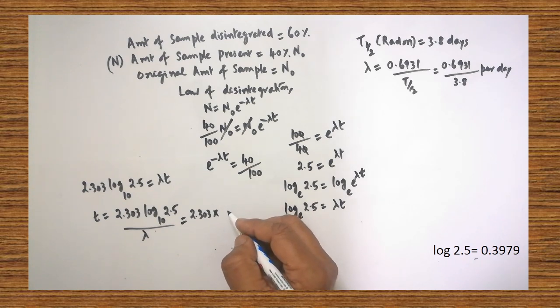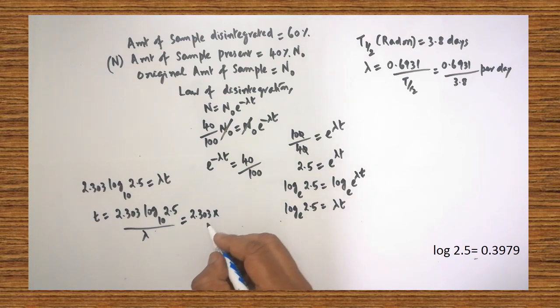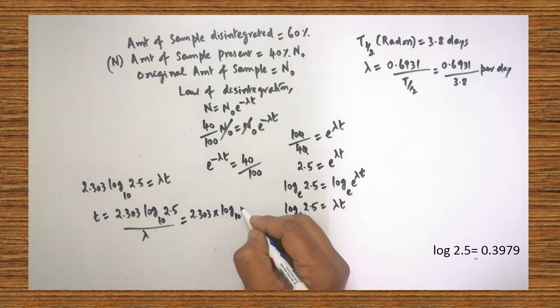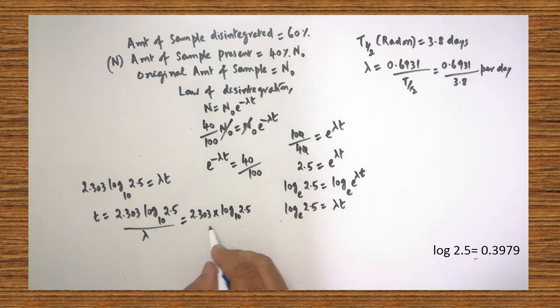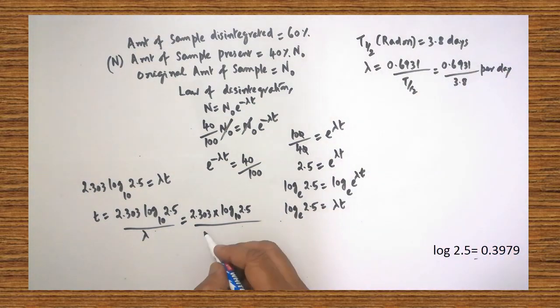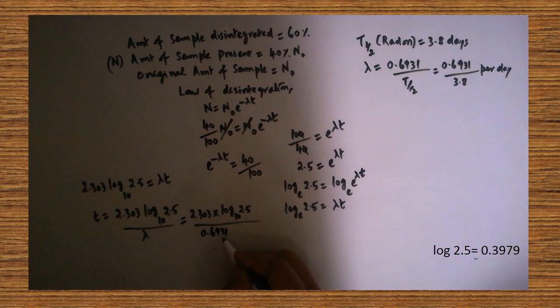Its value is to be found out from the log book. Then the lambda value, 0.6931, is substituted here.